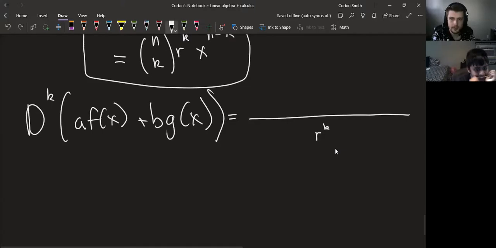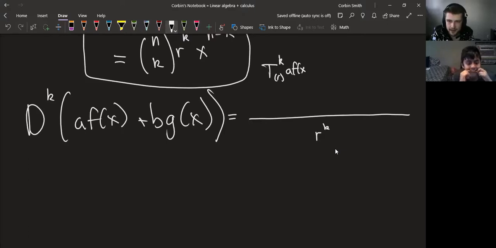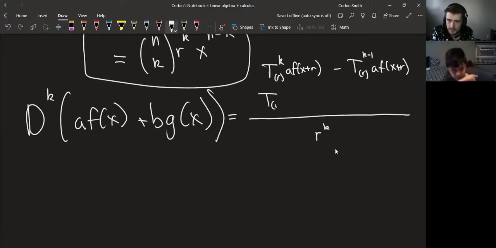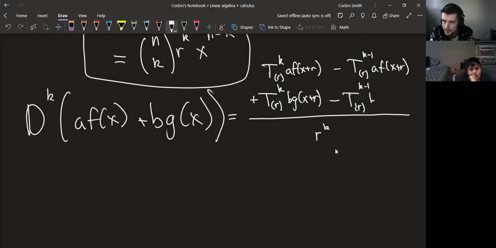We're going to have t_r of the kth power of a f of x plus r, and then minus the k minus 1th truncation of a f of x plus r. And then beneath that, plus b times g of x plus r minus the truncation k minus 1 of b g of x plus r.